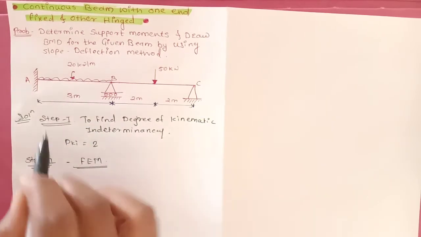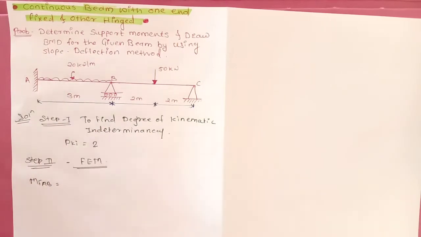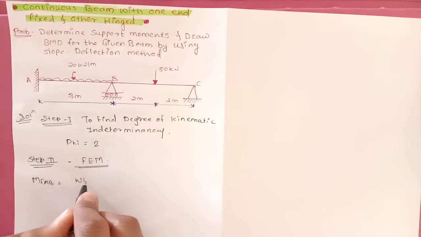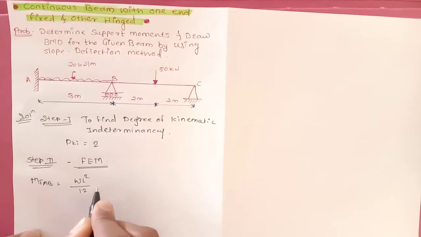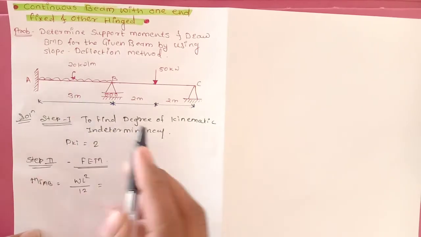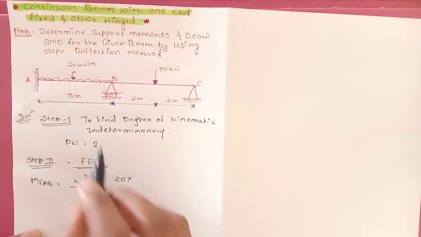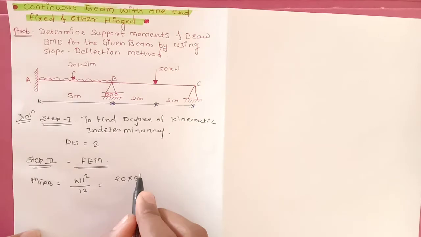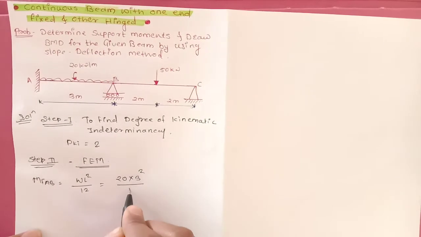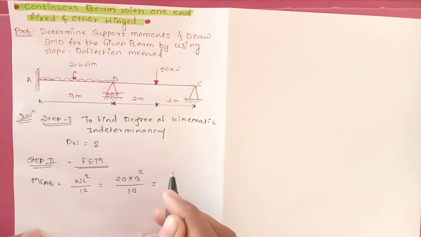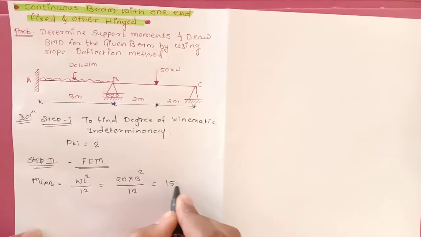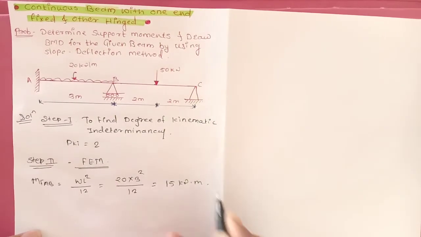Over this AB member, a 20 kilonewton per meter UDL acts. So the formula is WL square divided by 12. Here W is 20, then L is nothing but 3. 20 into 3 square divided by 12. So this value is nothing but plus 15 kilonewton meter.